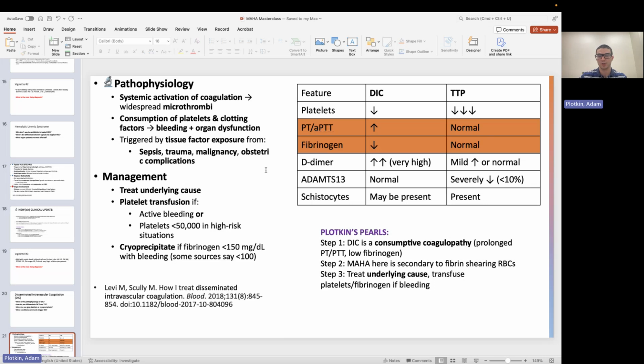And if you want to connect this to the liver disease lecture I talked about, remember, severe liver disease can present very similar to DIC. The way we tell them apart is that in DIC, the fibrinogen's low. In liver disease, it's usually normal or even elevated. With liver disease, we can lose all of our clotting factors because the vast majority of them are made in the liver. But remember, factor VIII is a weird one.